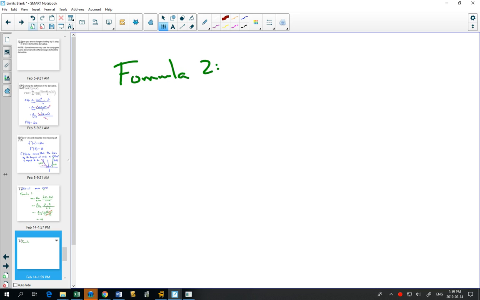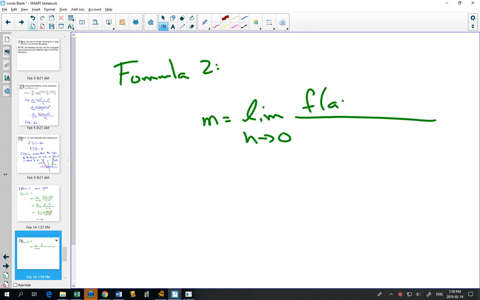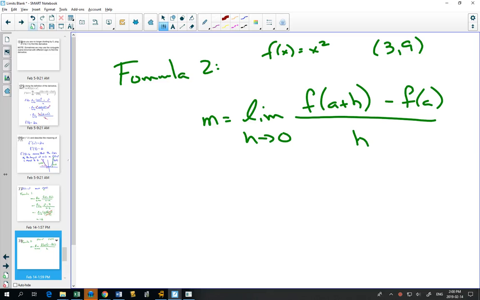Then we learned formula 2. Formula 2 was another formula for slopes. It was the same idea, but now it was the limit as h goes to 0 of f of a plus h minus f of a over h. And again, our function was x squared, and we're still using the point 3, 9.